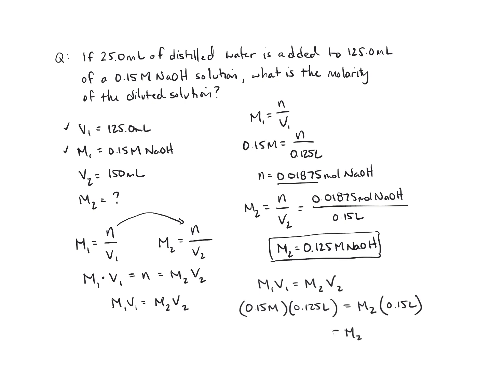With basic algebra, 0.15 times 0.125 divided by 0.15, we get 0.125 molar NaOH. Same answer, just a different way of doing it. It's the exact same calculations. One's just multiple steps, and one's just plug in. Your choice. I've always liked the upper way because in my head it just made sense. You make it work for you.